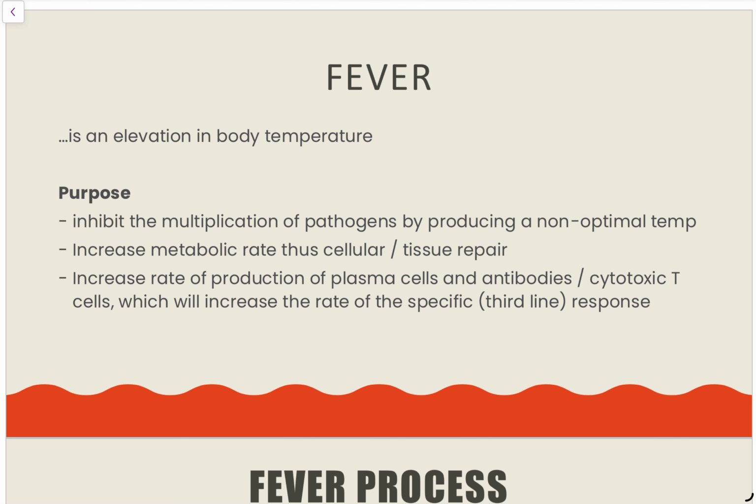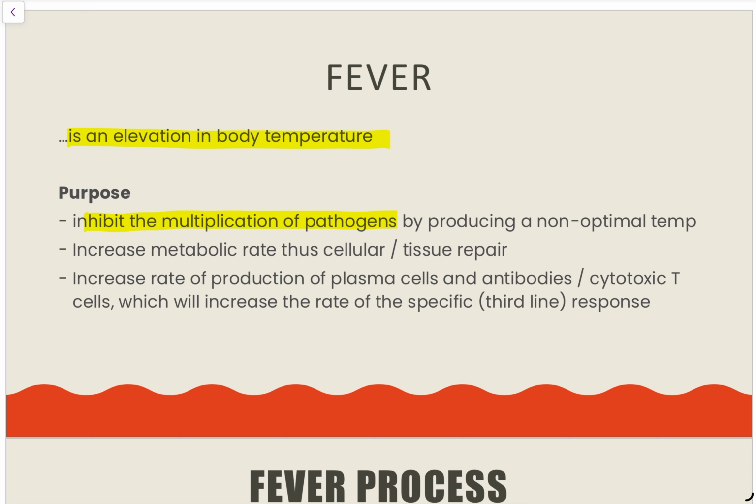And so our body, in the cases of quite nasty illnesses, will undergo fever, which is very simply defined as an elevation in our body temperature. Why do we have it? Number one, it inhibits pathogenic replication. Okay? It forces pathogens to replicate in a non-ideal environment because the temperature is too high.